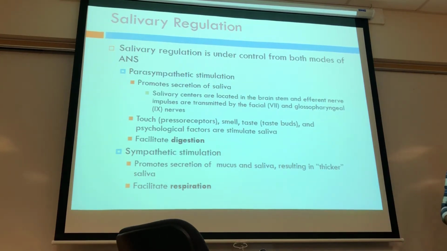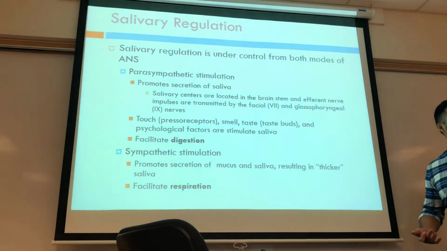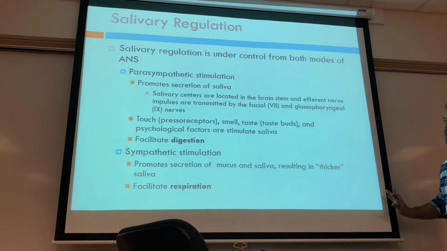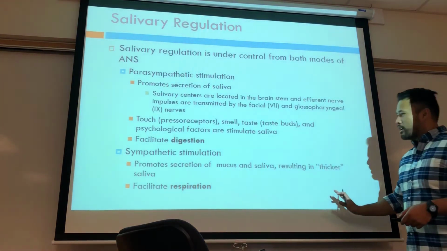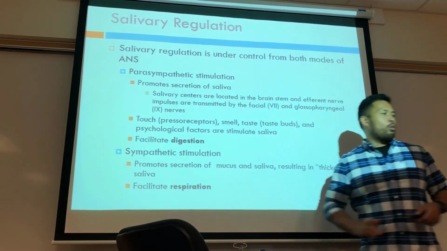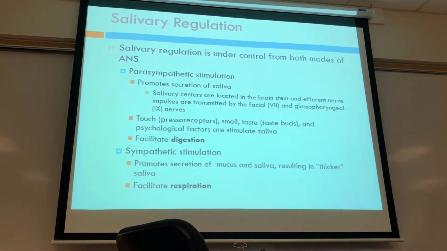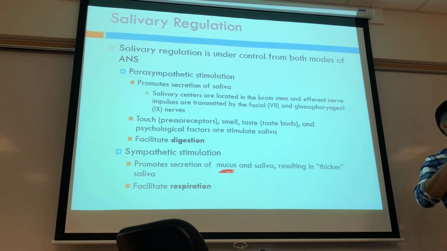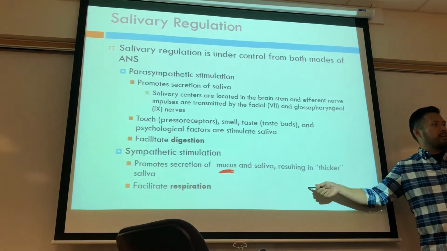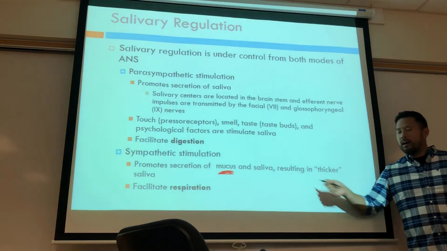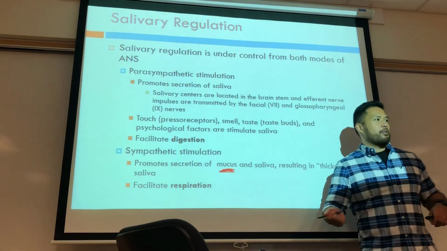So what did I mean by sympathetic pathways creating saliva as well? Well, the makeup of saliva in sympathetic pathways produces much more mucus than water. So in essence, the saliva becomes much thicker, hence the dry mouth you experience whenever you're undergoing any sympathetic reaction.